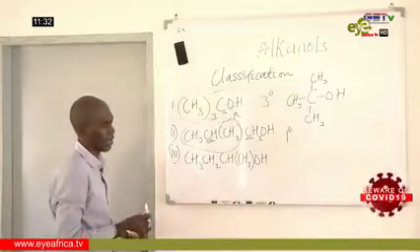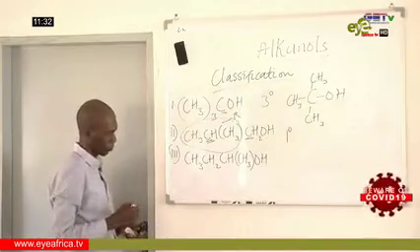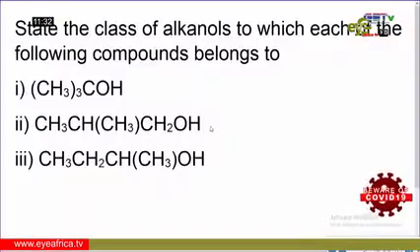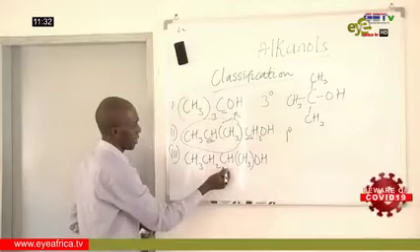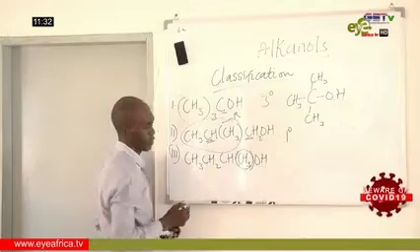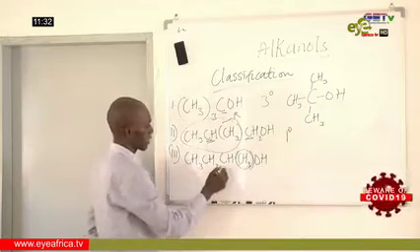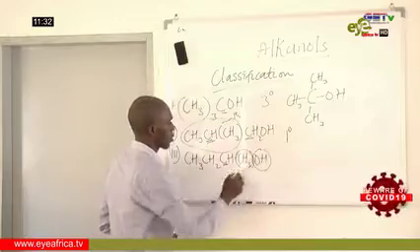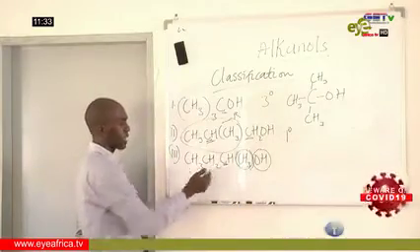And then the final example we have here, we have 1, 2, 3 carbons, because this carbon here has this CH3 attached to it. So the methyl group is attached to the preceding carbon, as is the functional group, which is OH. They are all attached to the same carbon.